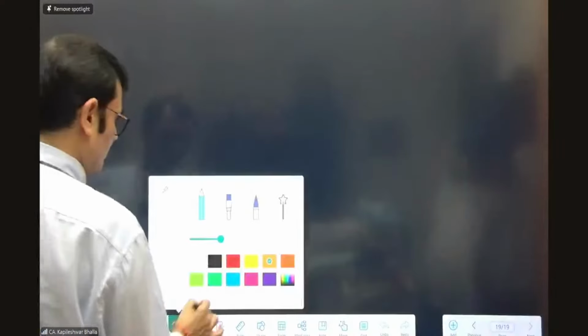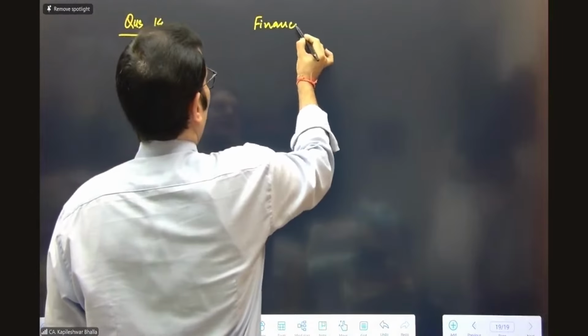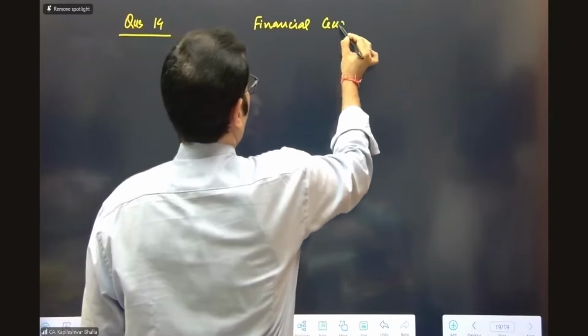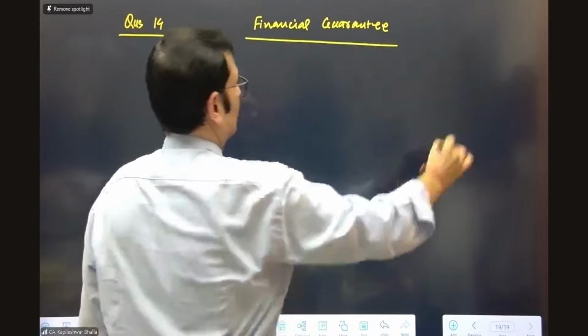So let's have a look at question number 14. That is a special issue in terms of accounting for a financial guarantee. So I will still ask you a question, though I know I may not get answers on that.